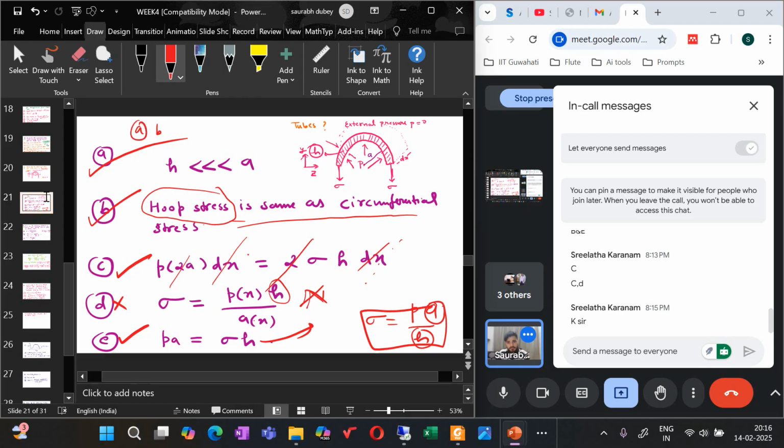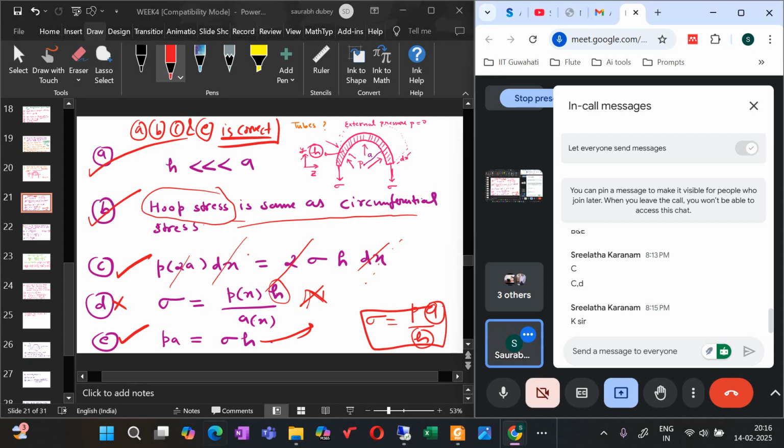So be very careful while solving these questions. That's why I have kept multiple choice questions, because 2 or 3 questions are within the same frame. So this one is right.